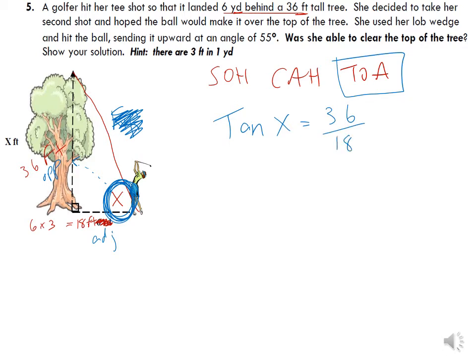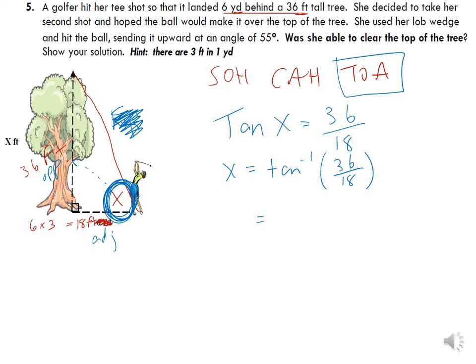We are looking for an angle, so we're going to do tan inverse of 36 over 18. Type that in your calculator just like you see it: tan inverse bracket 36 divided by 18, close bracket.